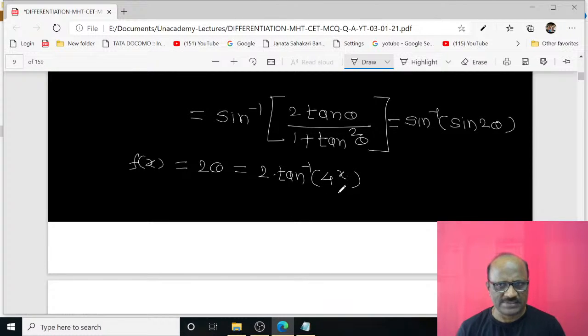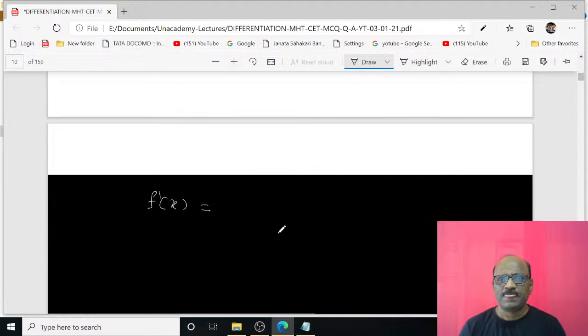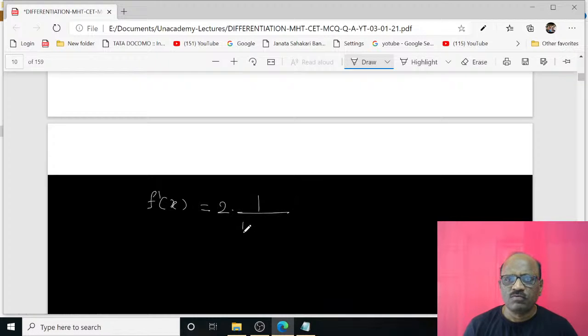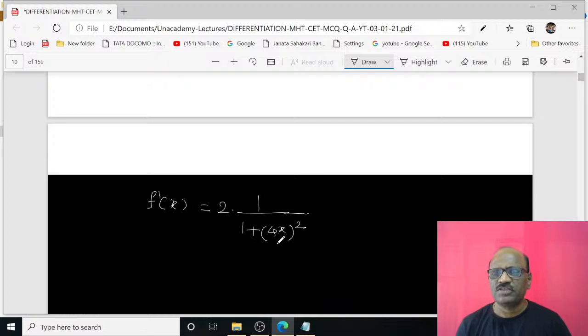into the derivative of 4 raised to x. Therefore, see here, first of all, 2 into 1 upon 1 plus (4 raised to x) whole square into the derivative of 4 raised to x.